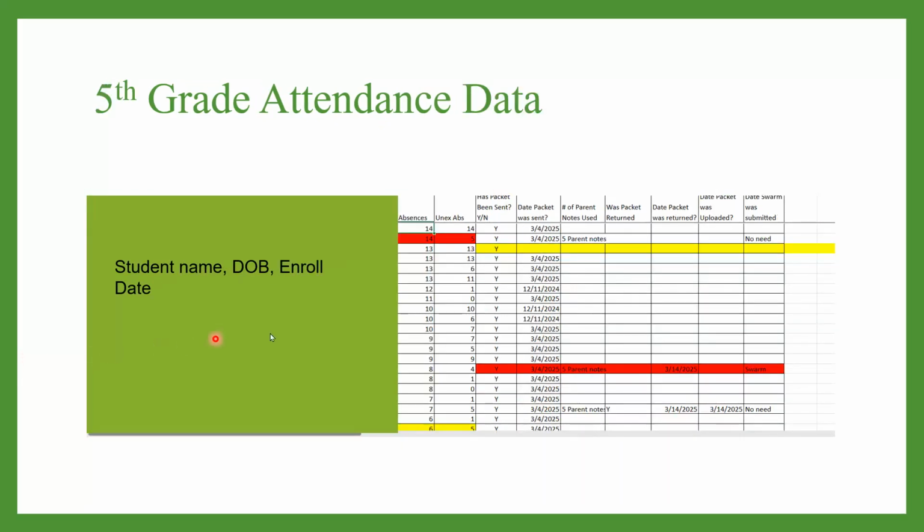And for fifth grade, the numbers are a little lower. We're looking at about 14 days max for our chronically absent students. Attendance packets have been sent out to notify the parents and so forth.